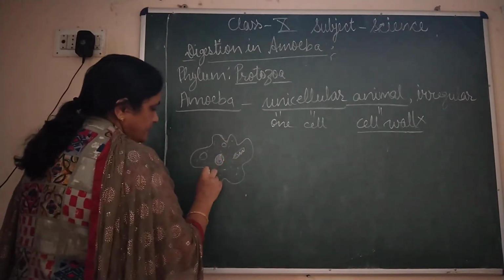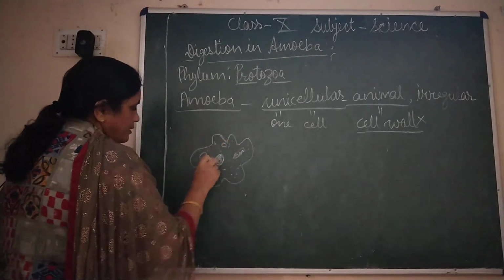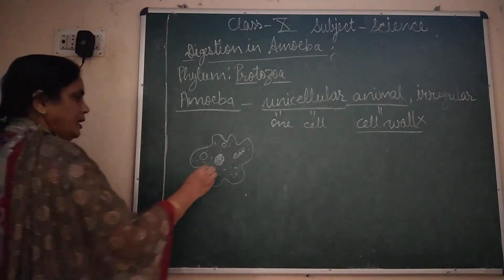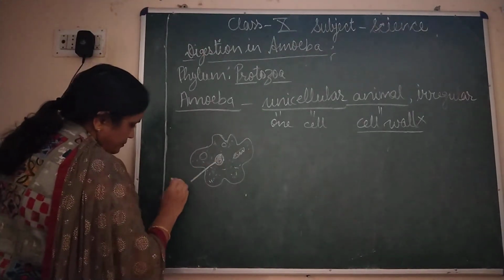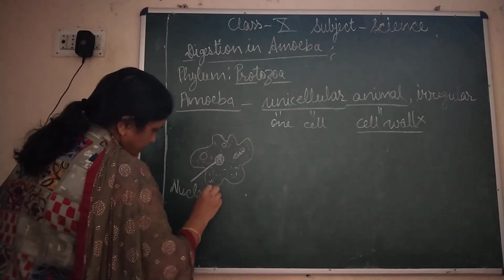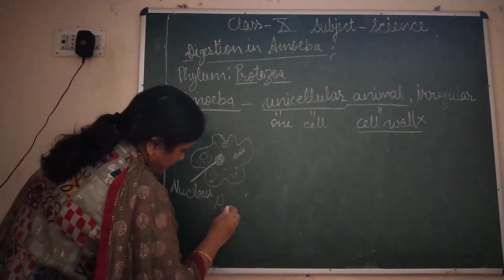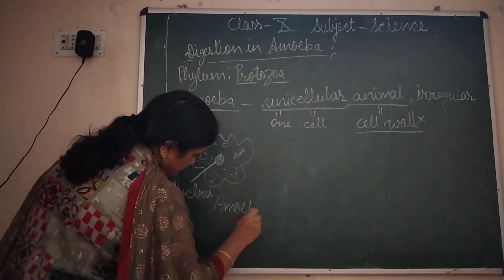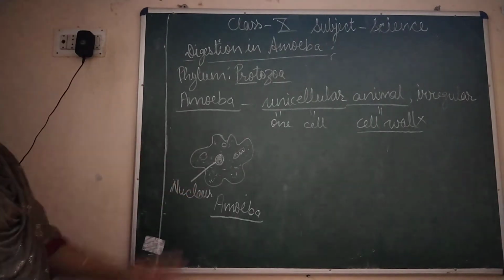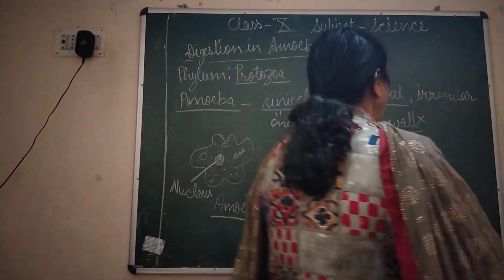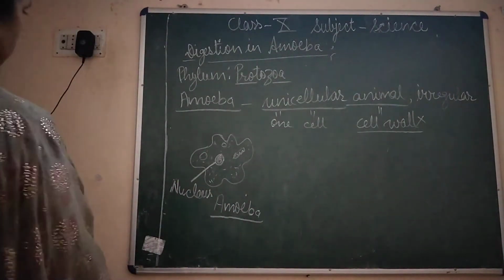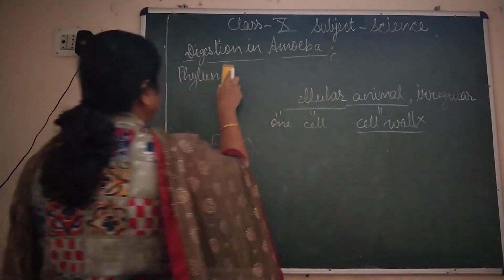This is cytoplasm. All the cell organelles which are present in a cell are present in it. This is the nucleus, and this is your amoeba. Now children, maybe it is very small, but still it follows all the 5 steps of nutrition. So we have got an introduction about amoeba.